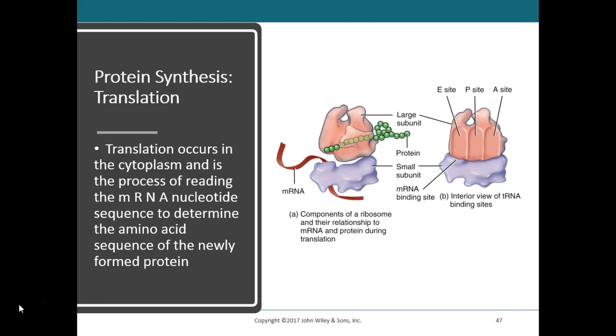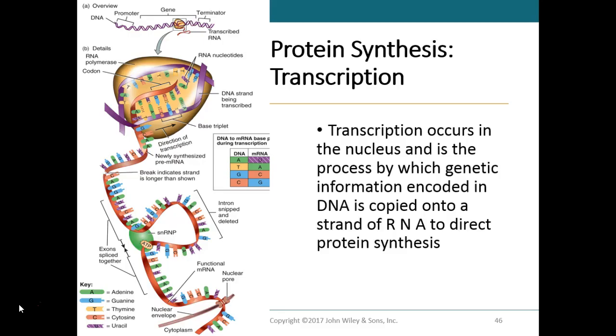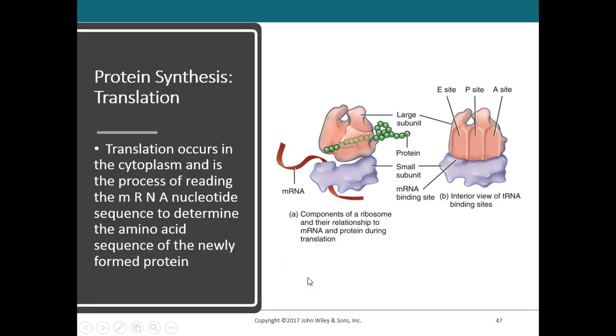Translation is translating that into the sequence of amino acids. Remember back when we talked about proteins and I said that the primary structure of a protein is the sequence of amino acids? That sequence of amino acids is determined by, let's go right back here for a moment, the sequence of these nucleotides that we just put together to form the messenger RNA.